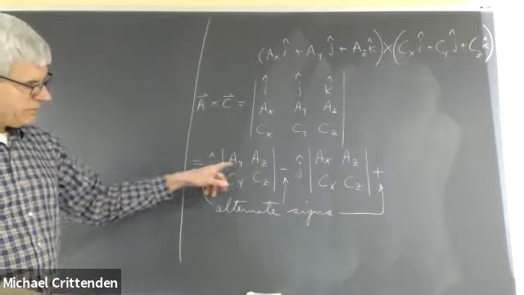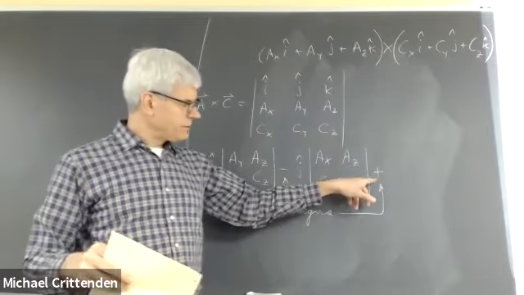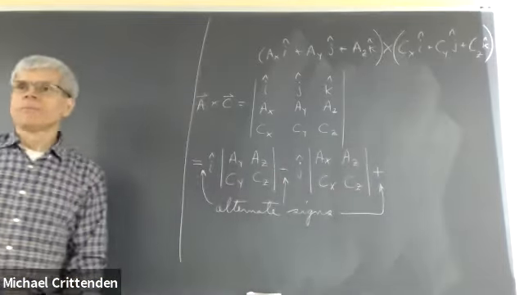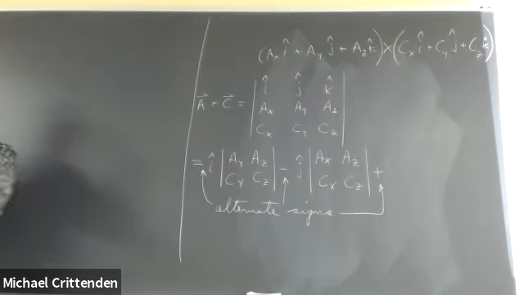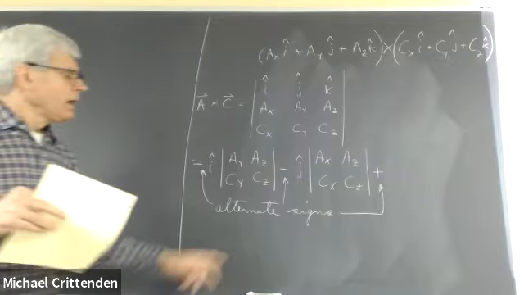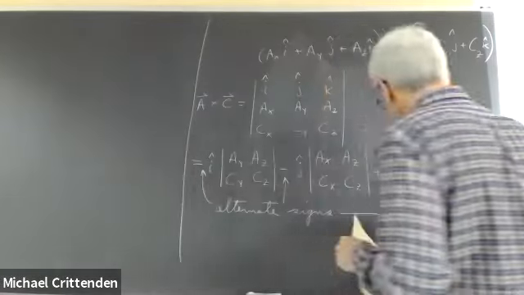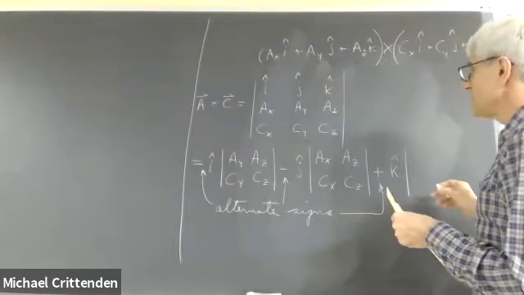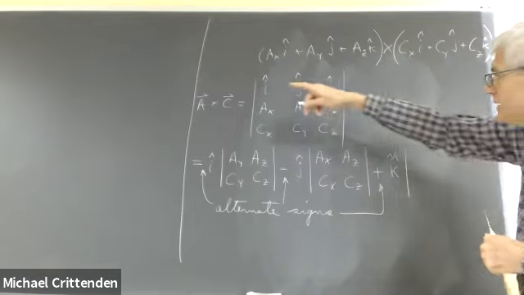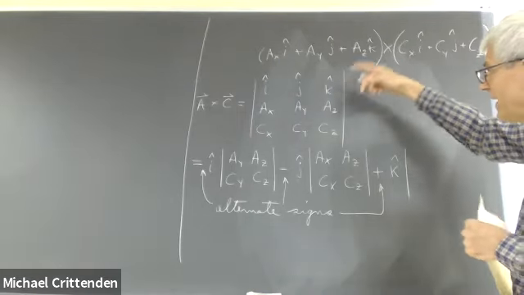First term positive, second term negative, third term positive. If it was a bigger determinant, a 10 by 10, it would just keep going that way, plus, minus, plus, minus. K times the 2 by 2 that you get, leaving out the row and the column with K in it.